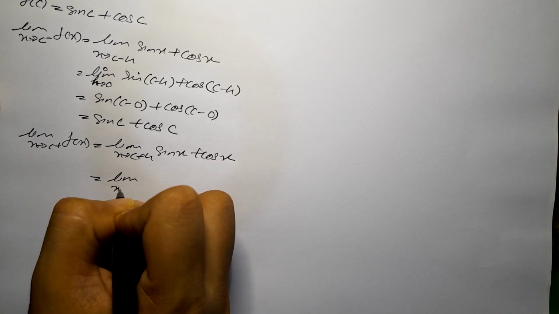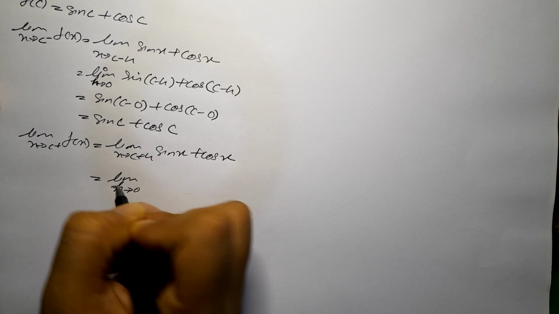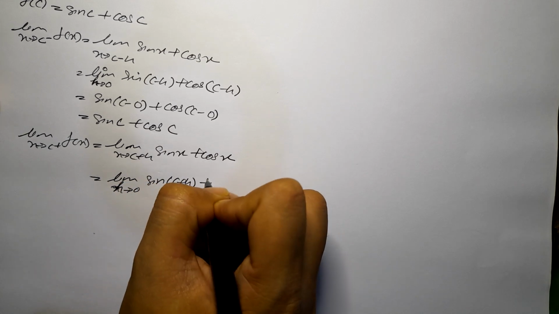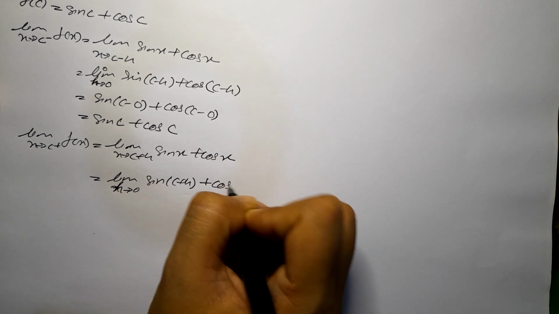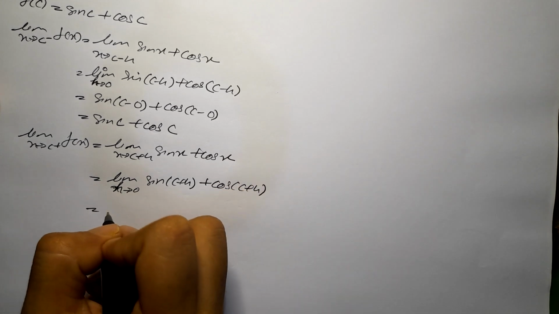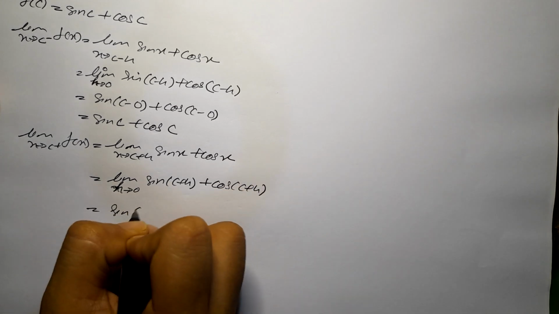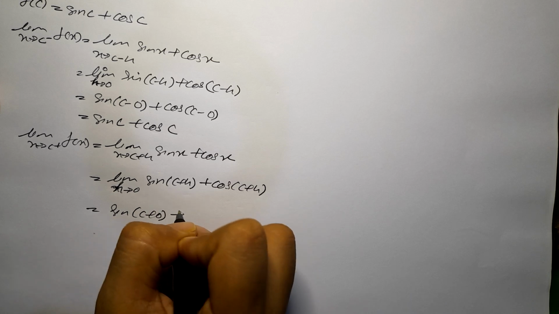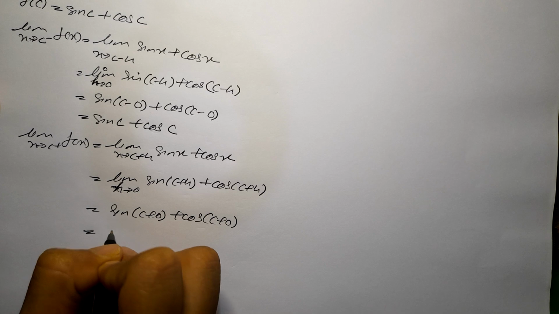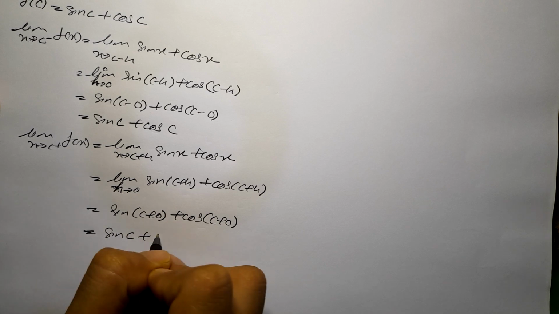Limit as h tends to 0, sin (c plus h) plus cos (c plus h). So instead of h it will be 0, so sin (c plus 0) plus cos (c plus 0). So it will be sin c plus cos c.